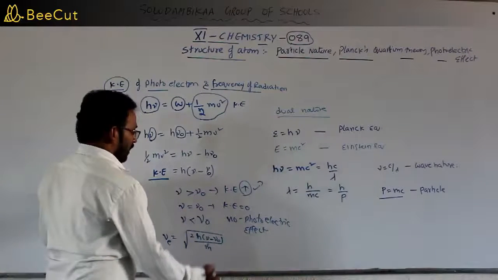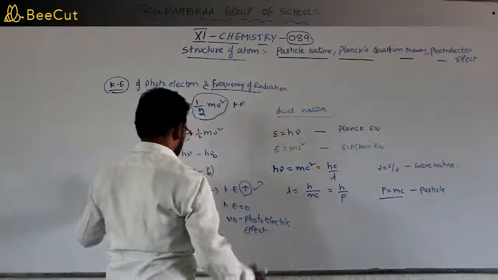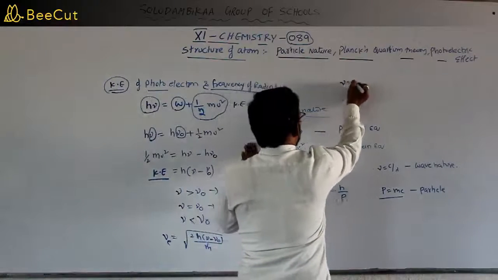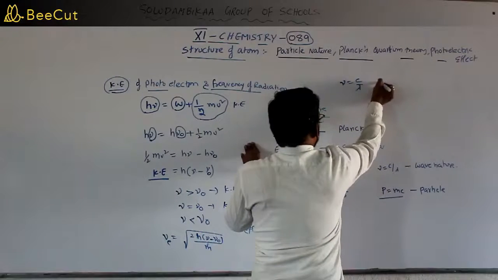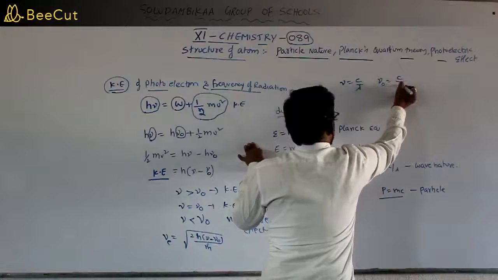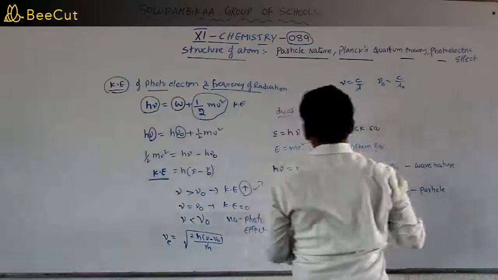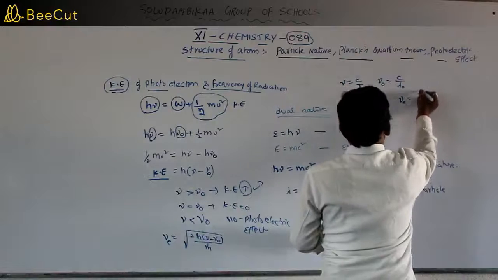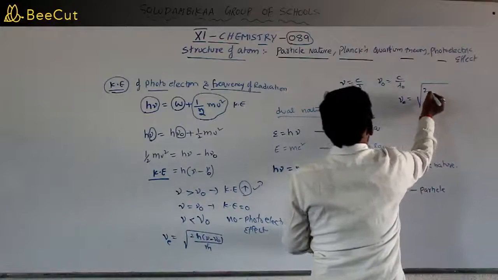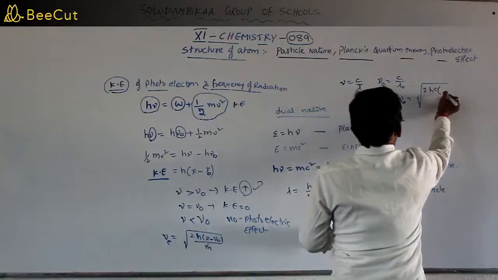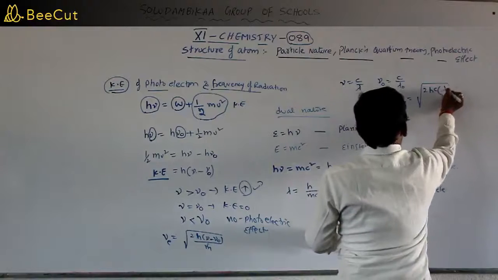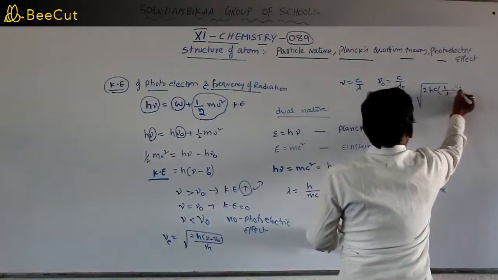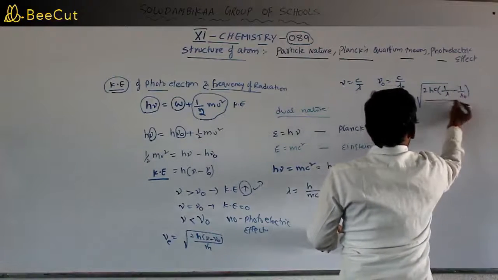Now we know that nu is equal to c by lambda, and nu naught is equal to c by lambda naught. Next we will write the expression for the velocity of the electron is equal to square root of 2 into hc into 1 by lambda minus 1 by lambda naught, divided by m.